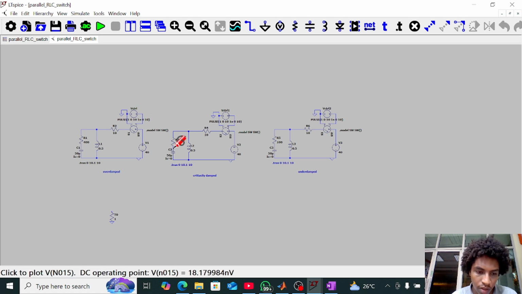And you see, this is it, the underdamped case. It's the first voltage to increase faster than the rest. That's it.